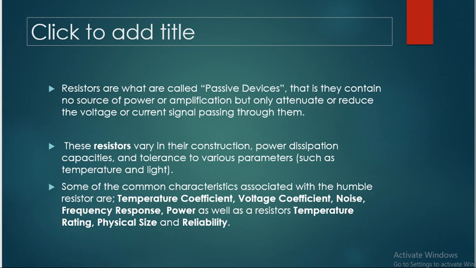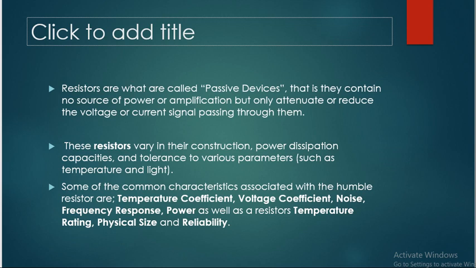Why do we call resistors passive devices? We already studied that passive components do not have the capacity to amplify the signal. They contain no source of power or amplification, but they can only attenuate or reduce the voltage or current signal passing through them. In many devices we always require these to reduce the voltage and current level, and sometimes to attenuate the signal.